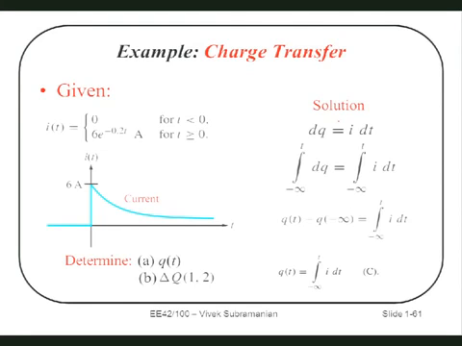So I can write that the integral of I from minus infinity to infinity is equal to the integral from 0 to infinity of I, because I is equal to 0 for all the x less than 0.